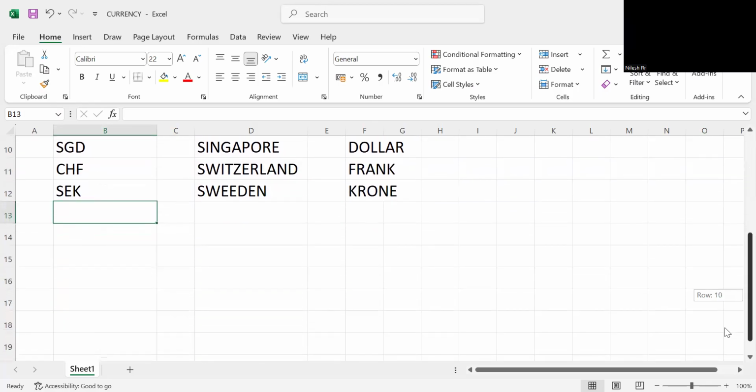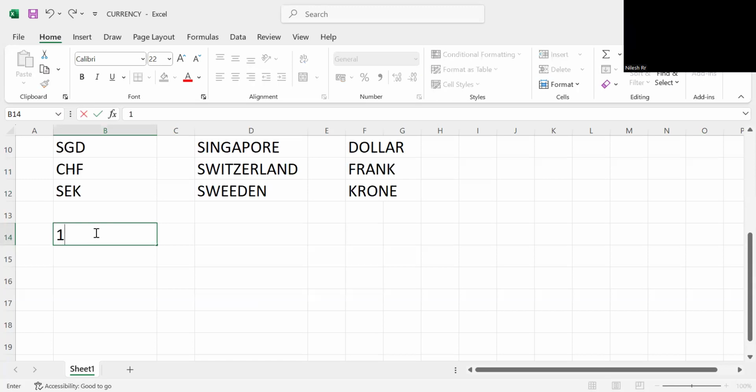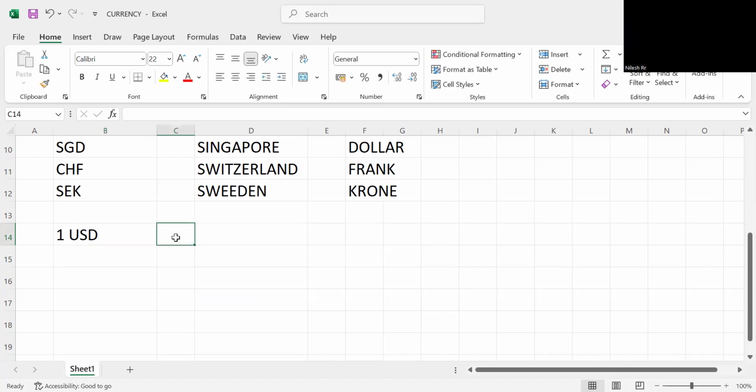Now, over here, generally what we do is we try to find out, for $1, how many rupees we have to pay. Because we are from India, we first try to work out for $1 how much we are supposed to pay. So we call that 1 USD is equal to how many rupees.